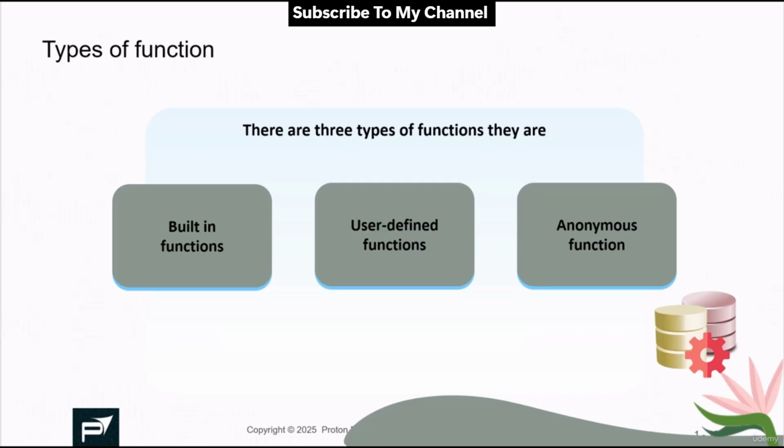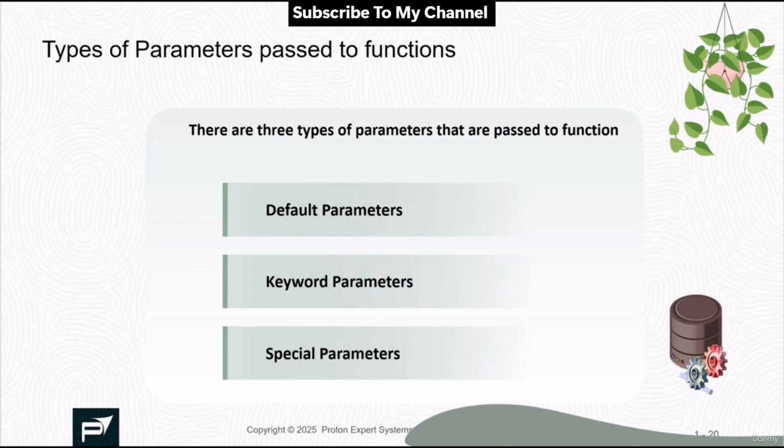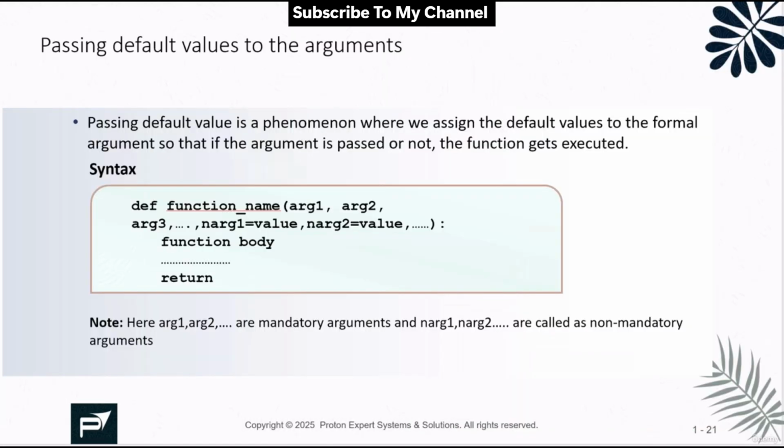Let's see the types of parameters passed to the function. There are three types of parameters that are passed to the function. They are default parameter, keyword parameter, and special parameter. So how do you pass default values to the arguments?